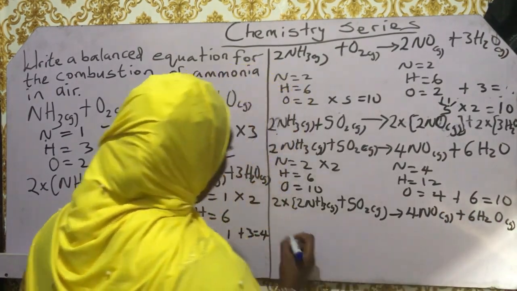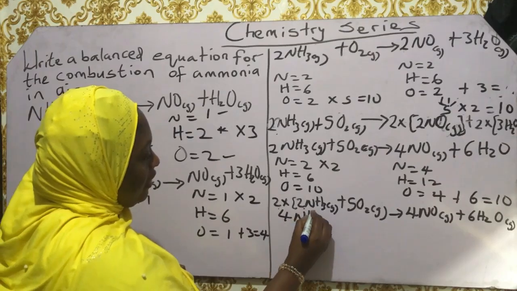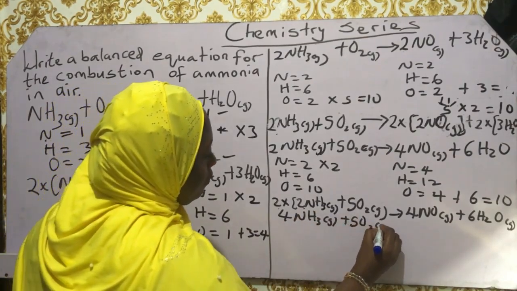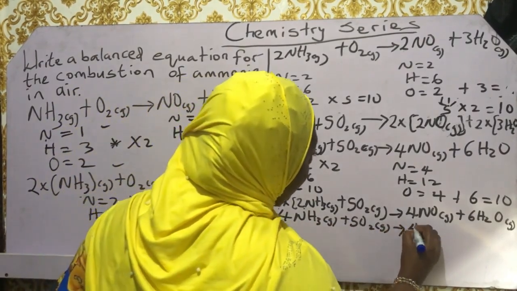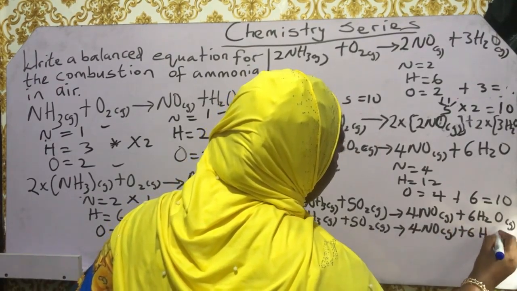Now let's do a quick atom check. 2 times 2. This is 4NH3 plus 5O2 to give 4NO gas plus 6H2O.